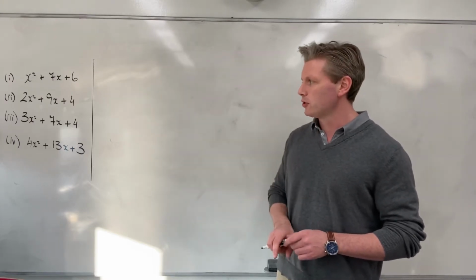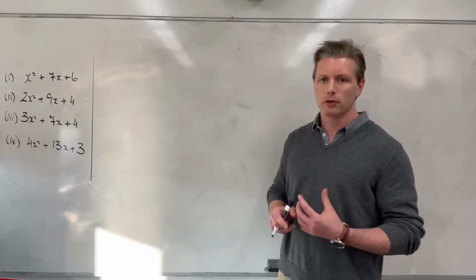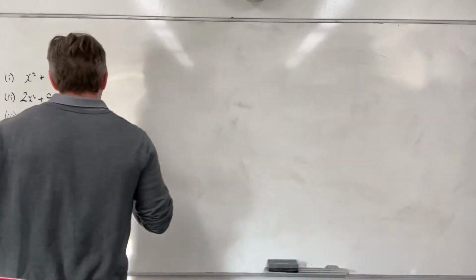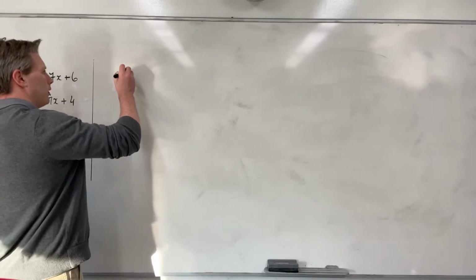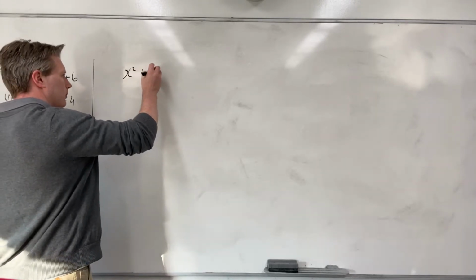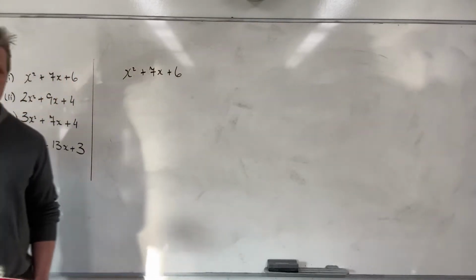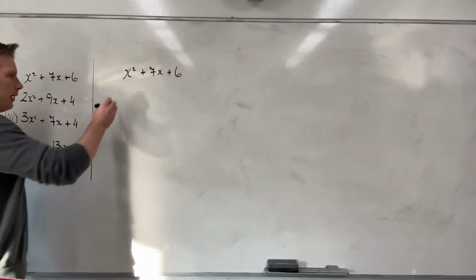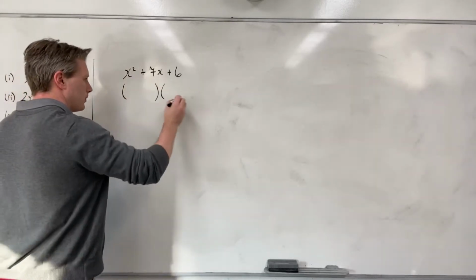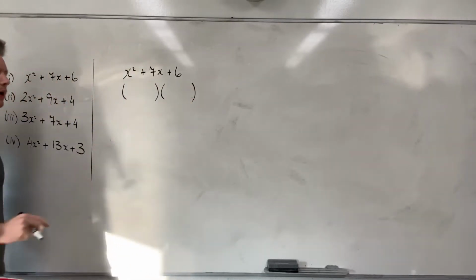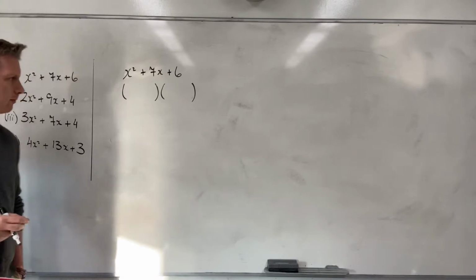I have 4 functions right here, and I'm going to go through the process. My first function is x squared plus 7x plus 6. And I want to factorize it. How do I do that? Well, I'm going to have 2 factors. They're going to be linear binomials.